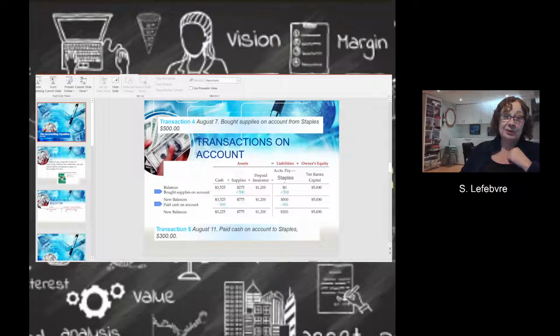And our cash, because we're paying cash, is also decreasing. So we'll bring those totals down. Does my left still equal my right? Absolutely, it does. So each time we're bringing those new balances down, we should be doing a check to make sure that our left is equaling our right.